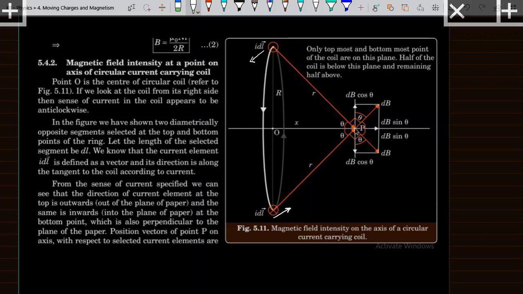We have to find the magnetic field at point P. Now the magnetic field at point P will be perpendicular to the position vector connecting the current element and the point P at which we are finding the magnetic field. So position vector क्या है?